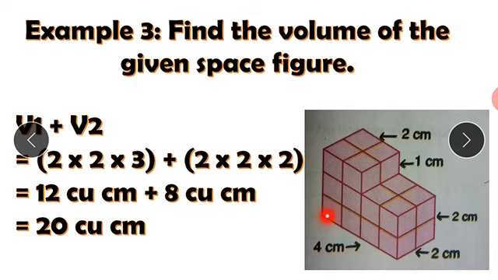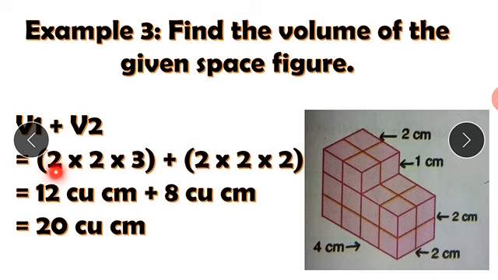The length is 2 centimeter, the width is 2 centimeter, and the height is 1, 2, 3 centimeter. So length is 2, width is 2, and the height is 3.